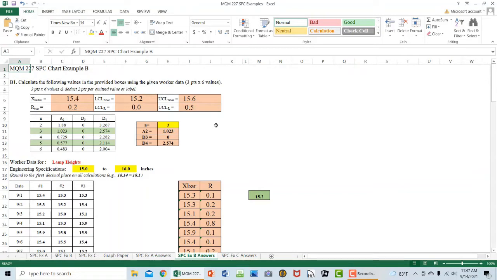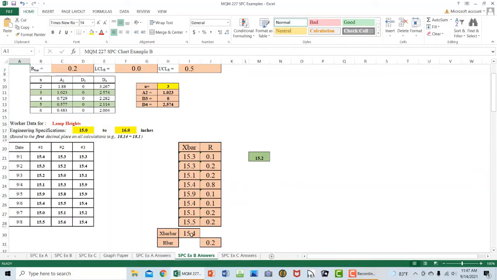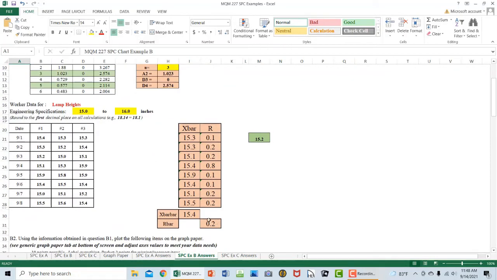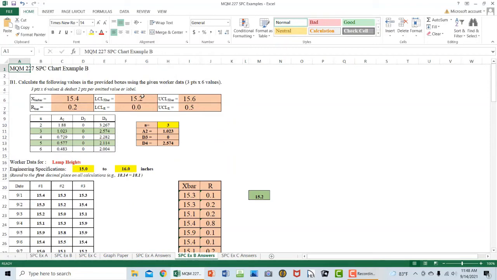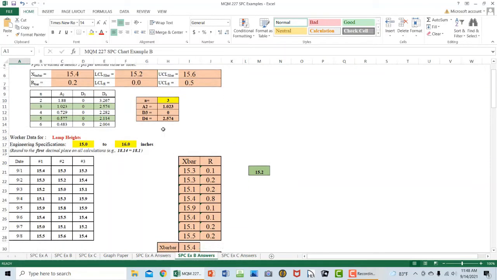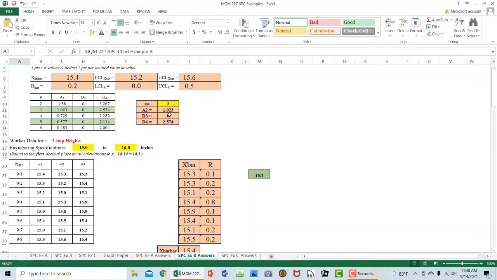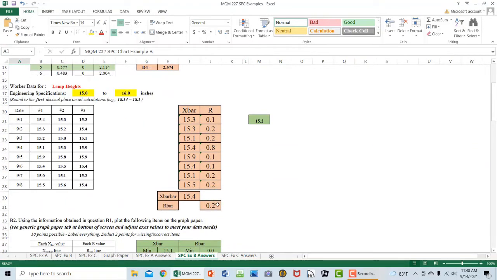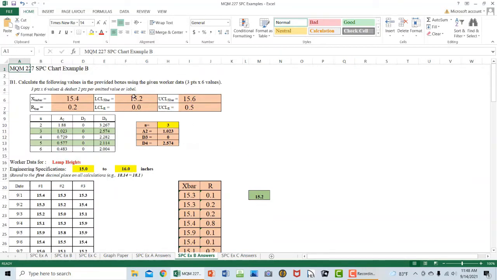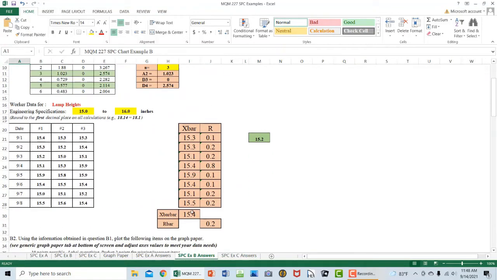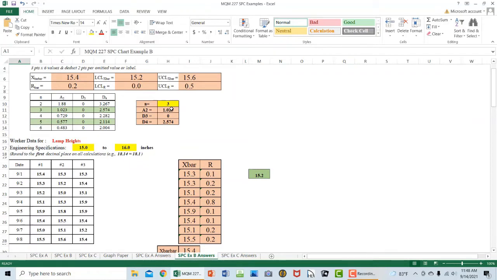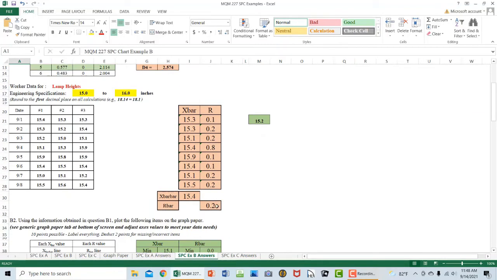Per the calculation formulas in chapter 9, we have the X bar we calculated. It's right there. R bar right there. And the lower control limit for X bar is going to be X bar, this number, minus A2 times R bar. So if you do that, you'll come up with this one. The upper control limit is going to be X bar plus A2 times R bar.